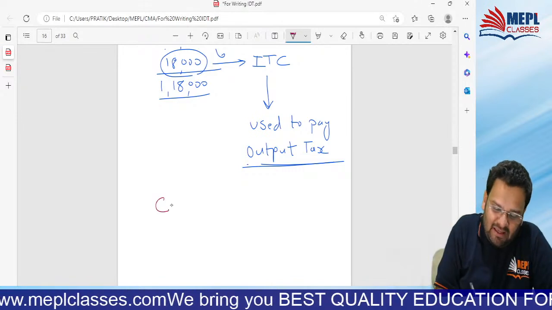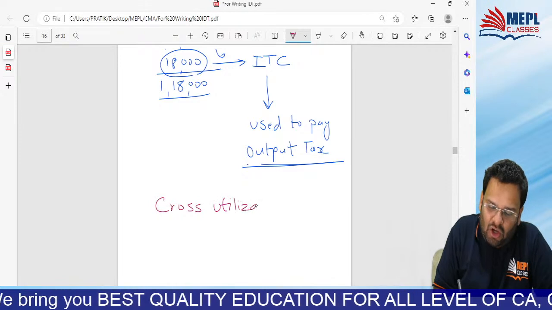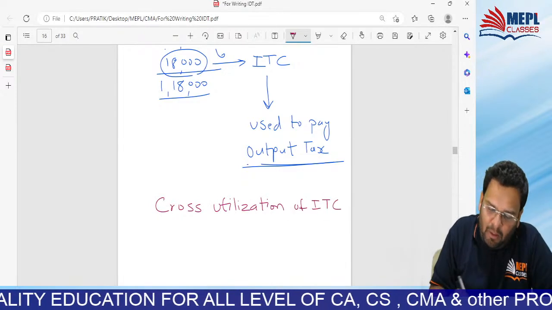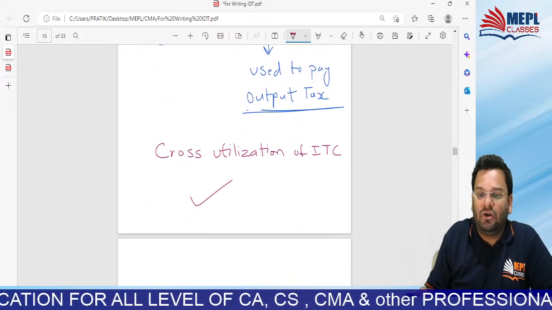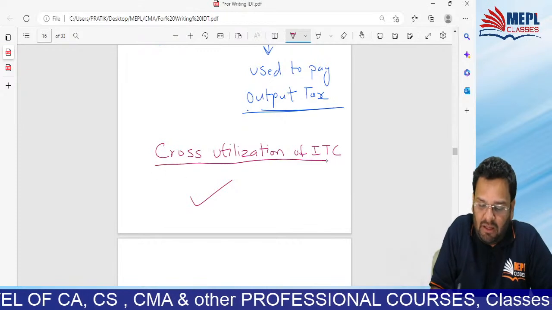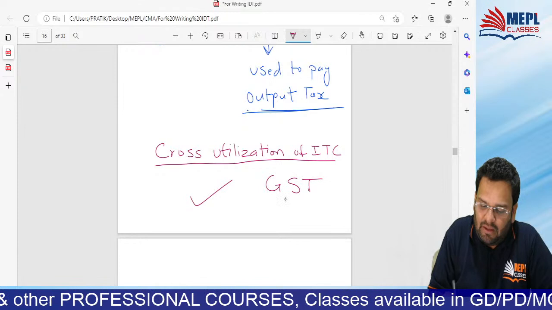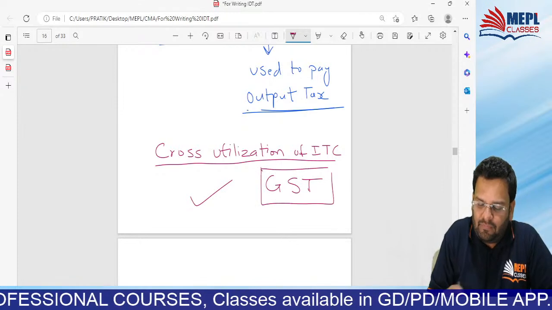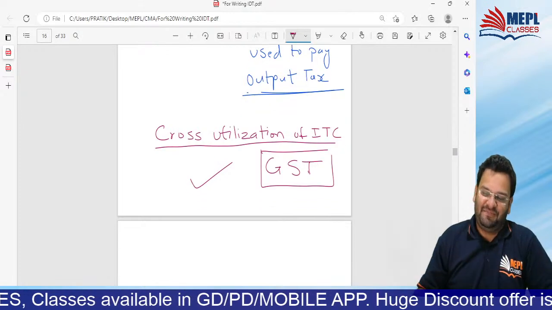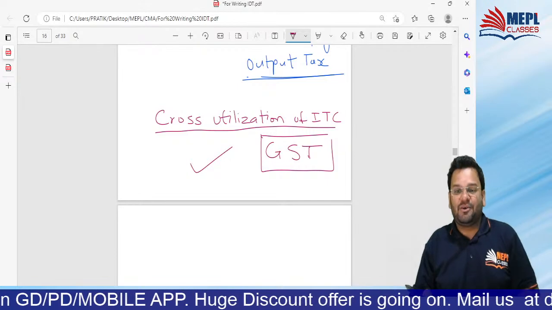So we can say that cross utilization of ITC is possible under GST regime. Agreed? Do you agree with me? Yes. Wonderful. Let's go ahead.